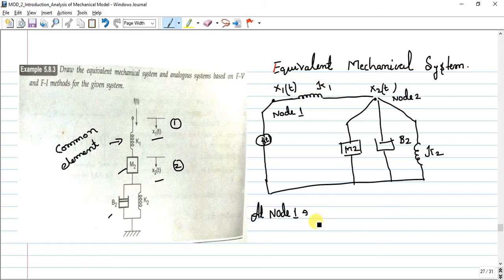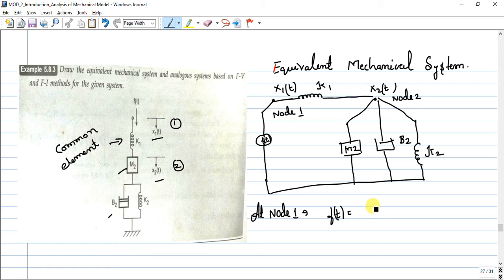Okay, so if I want to represent at node 1 the differential equation, it will be f of t equal to, and I have a common element, that is k1.